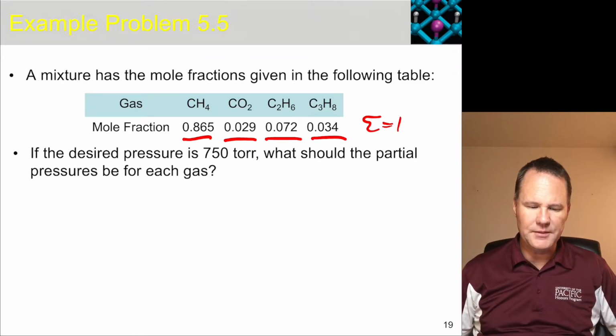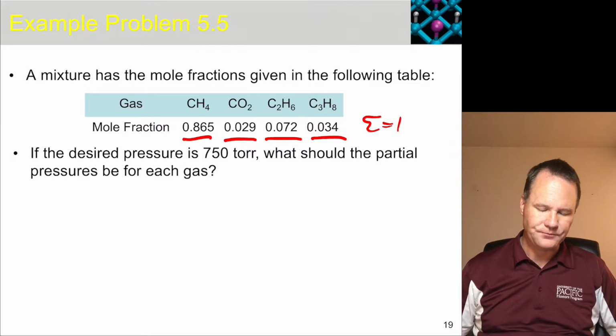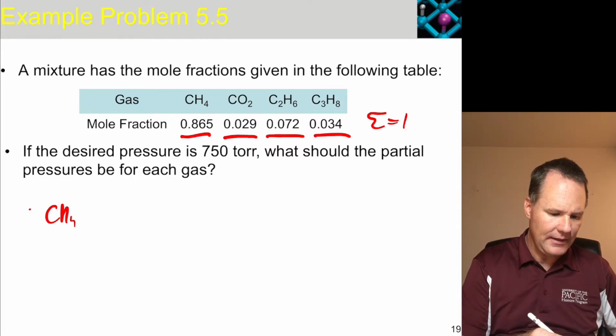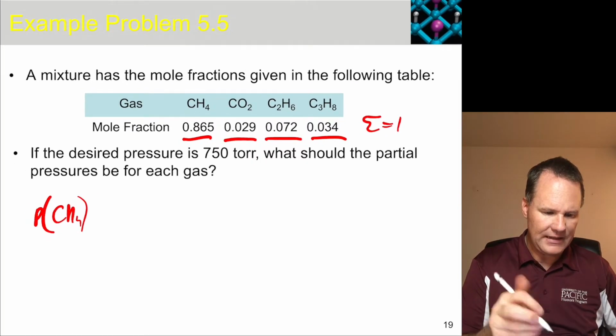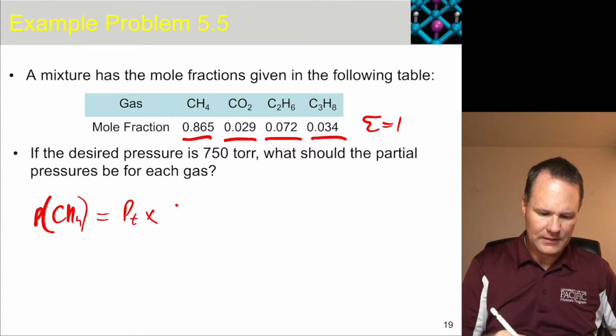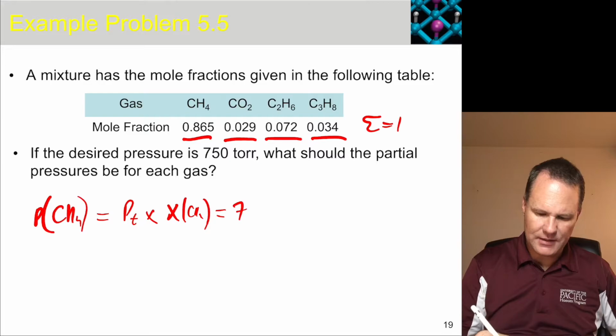So what will be the partial pressure of each of the gases? And so what I can do is, let's say for methane, the partial pressure of methane here is going to be the total pressure times its mole fraction, and the mole fraction for methane, right, that would be 750 torrs times 0.865.